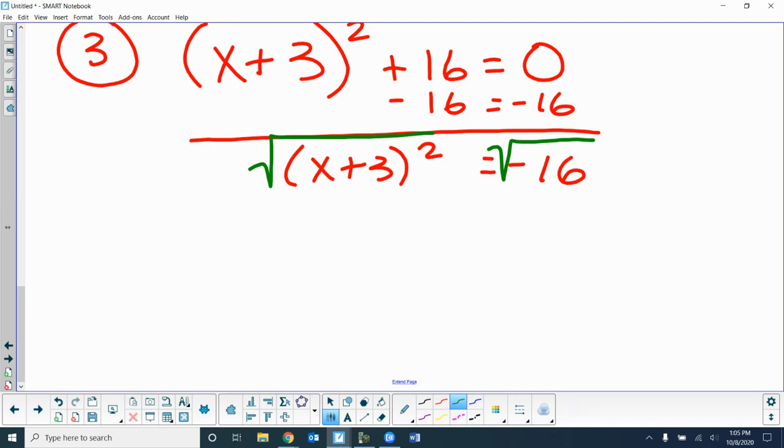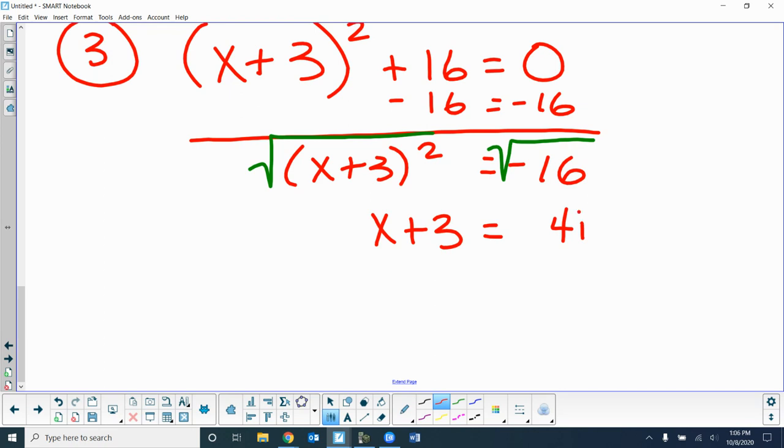So what's the square root of something squared? Itself. Chase, what's the square root of negative 16? 4, yeah. And then since it's negative, what else? Yeah, don't forget about the i.